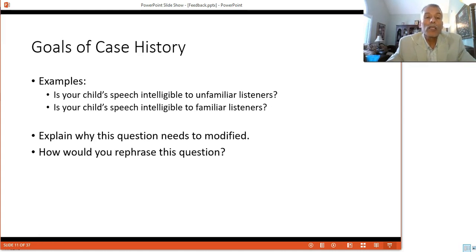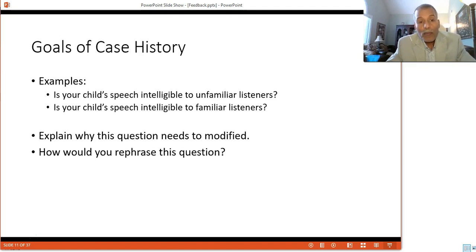Number one, intelligibility is relative. What is intelligibility? How much should be good? And also, unfamiliar listeners is a vague term. Who is an unfamiliar listener? So phrase the question in a way that makes it clear.